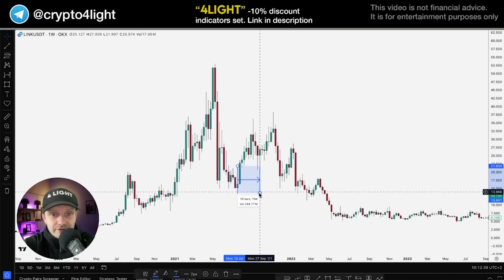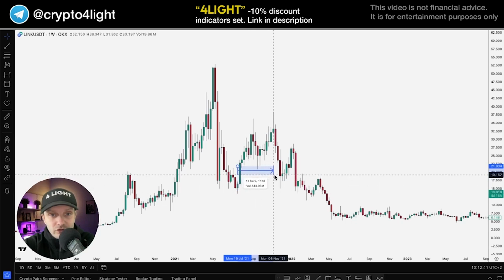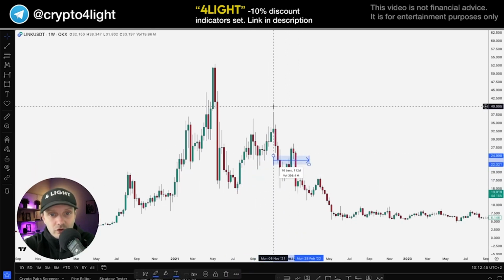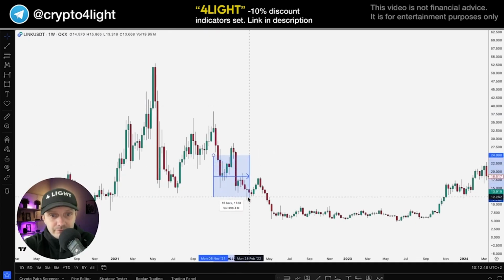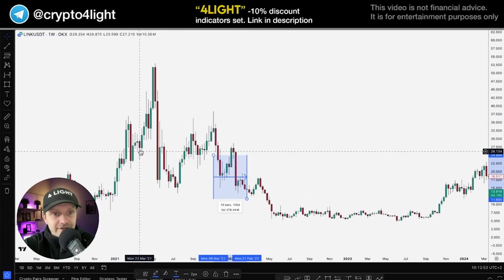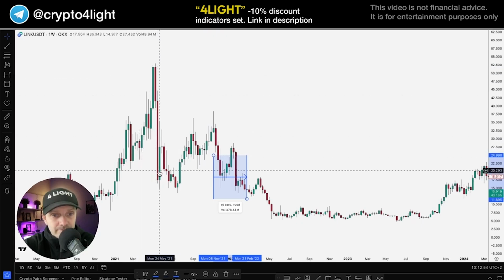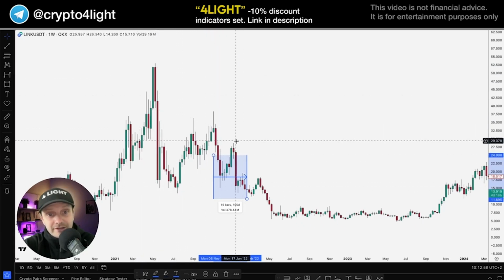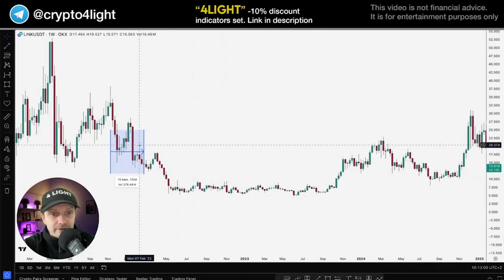From this point to, let's say, the top here, 112 days. From this top to this bottom, we got 105 days. So you understand the trend. Uptrend, drop. Uptrend, drop. Uptrend, drop. And the same way it's a downtrend.